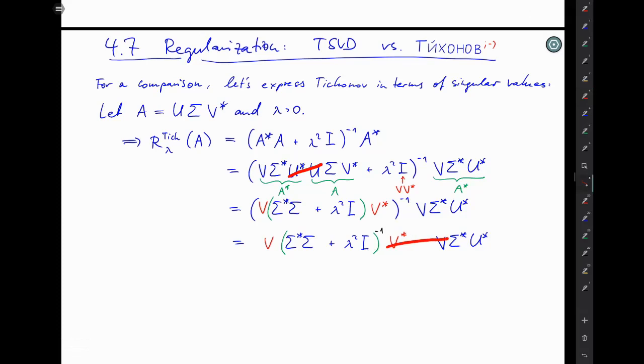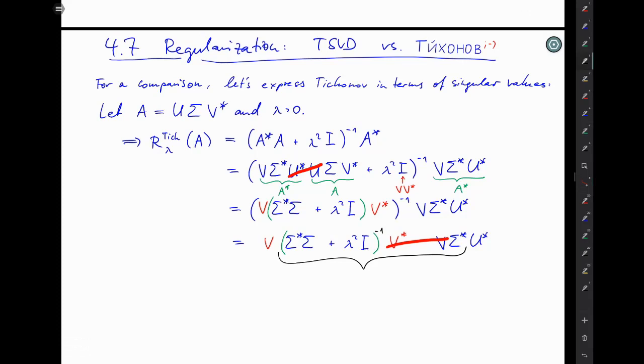Okay, and that's already the singular value decomposition of your Tichonov operator. You have a unitary operator to the left, a unitary operator to the right, and a diagonal matrix in the middle, because it's a diagonal matrix here, a diagonal matrix here, the inverse of a diagonal matrix is still a diagonal matrix, and the product of two is also one.